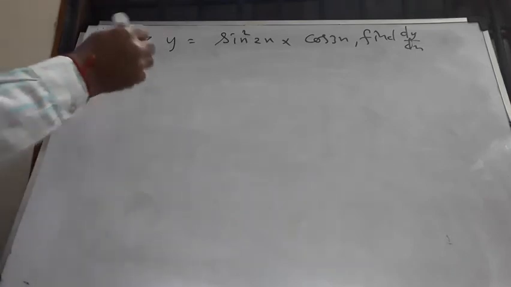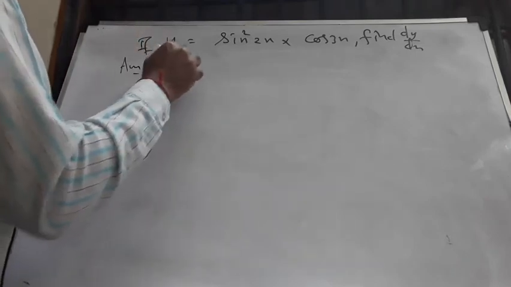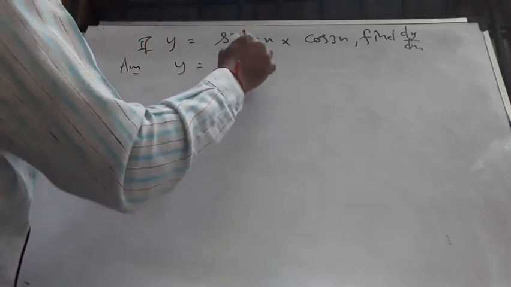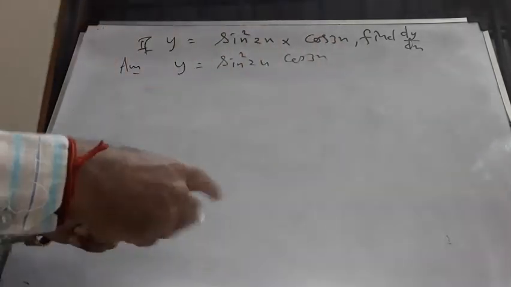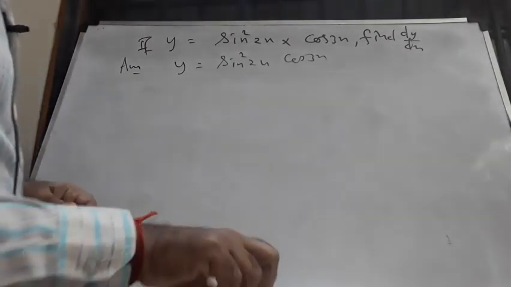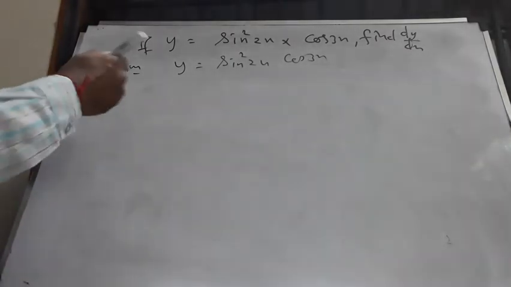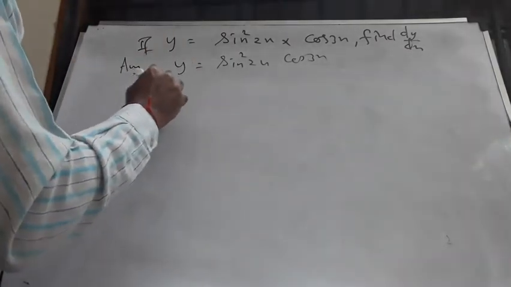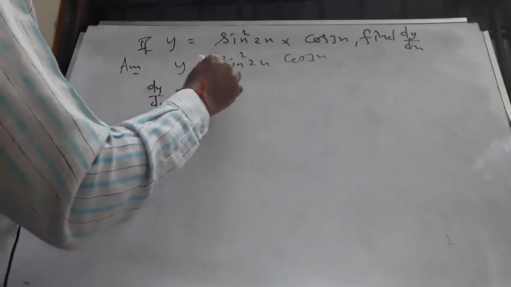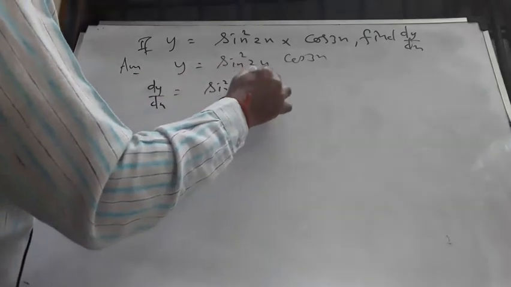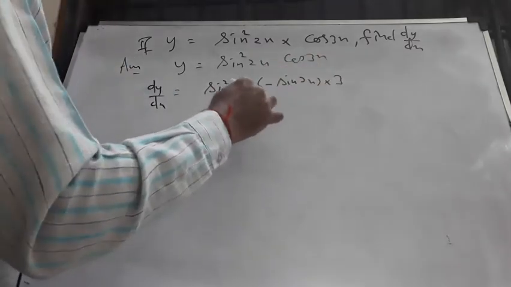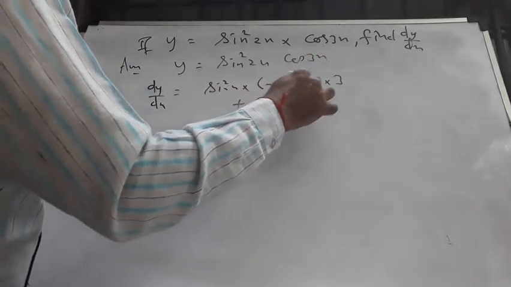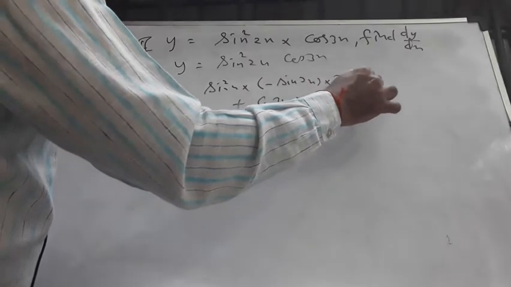Answer: y is equal to sine square 2x into cos 3x. dy by dx equal to sine square 2x into, here it is minus sine 3x into 3, plus cos 3x into 2 sine 2x into cos 2x into 2.